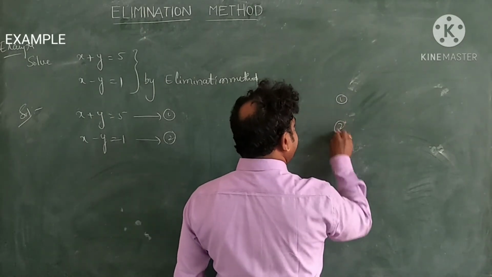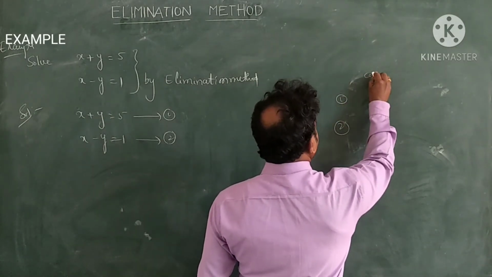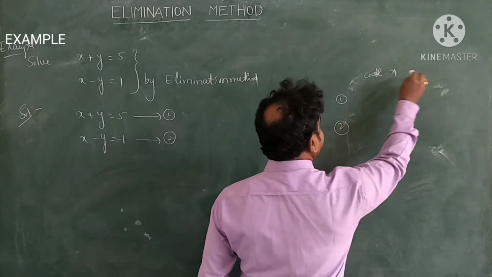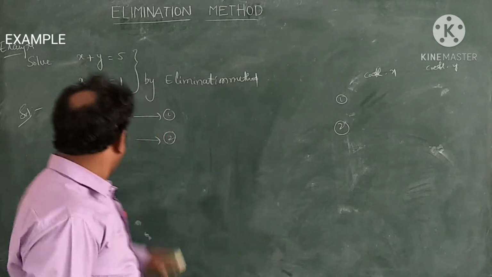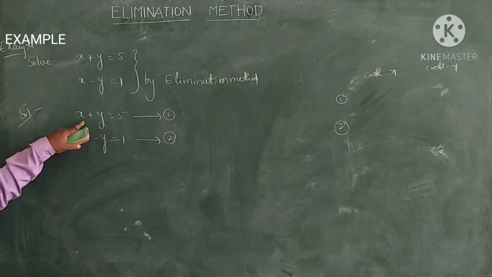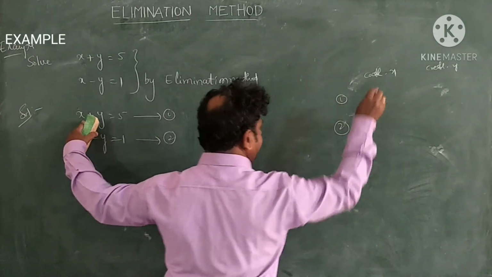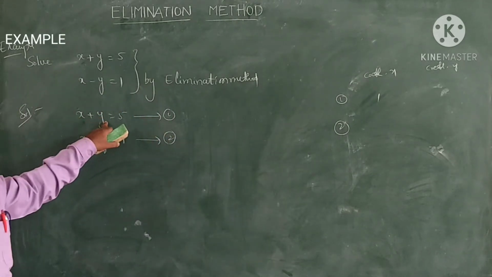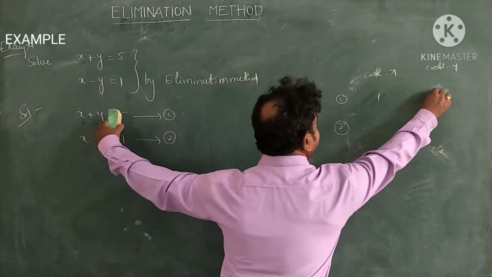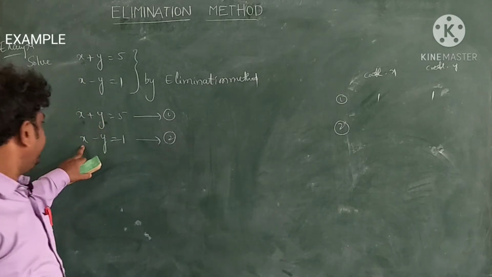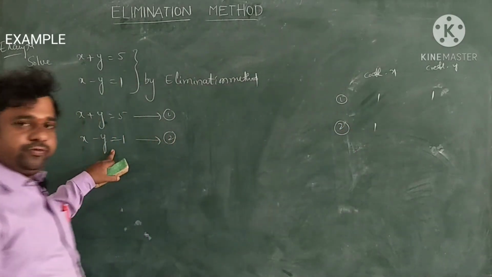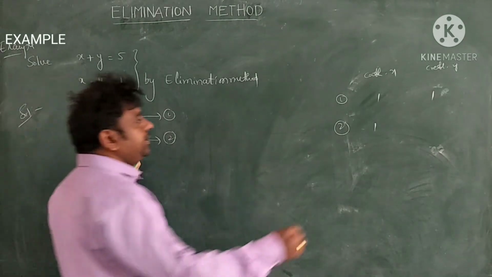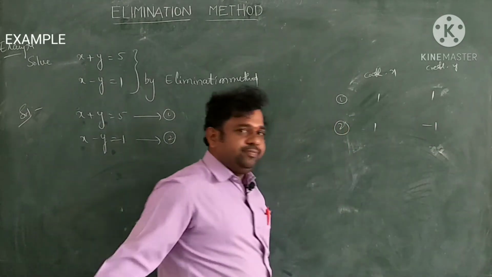In equation 1 and equation 2, look at the coefficient of x and the coefficient of y. What is the coefficient of x in equation 1? Yes, 1. What is the coefficient of y? Yes, exactly, this is also 1. What is the coefficient in equation 2? Minus 1.